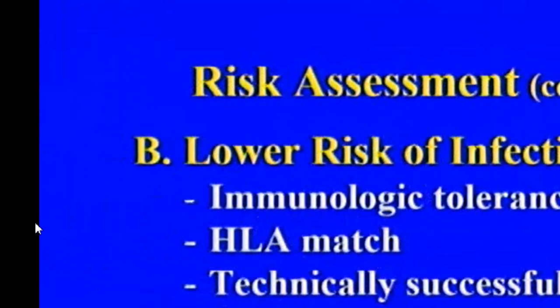Patients with low risk of infections are those who have immunologic tolerance, who have HLA matching, who have technically successful surgery, whose antiviral prophylaxis is adopted early, and those who had appropriate vaccination.